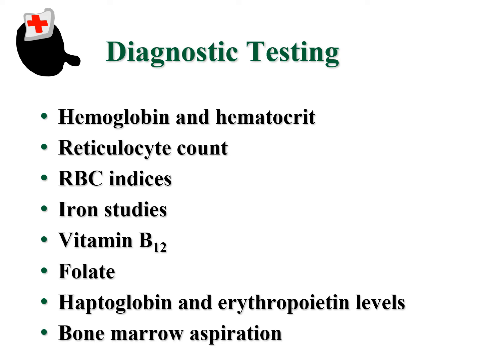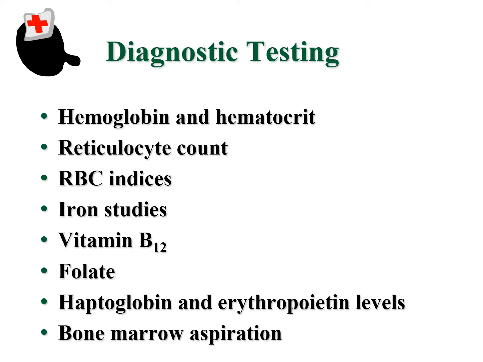And then there's also the bone marrow aspiration. So we can do a bone marrow aspiration and essentially evaluate the bone marrow to see if there's the correct level of immature red blood cells, making sure that the bone marrow is producing the red blood cells appropriately.